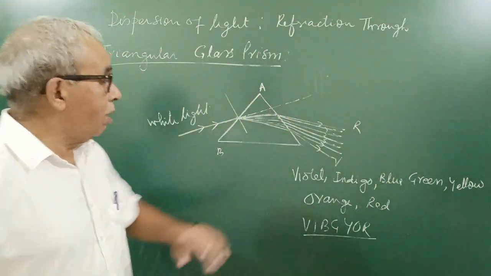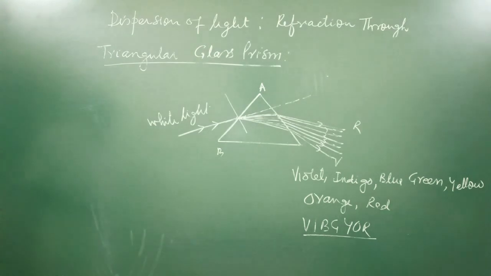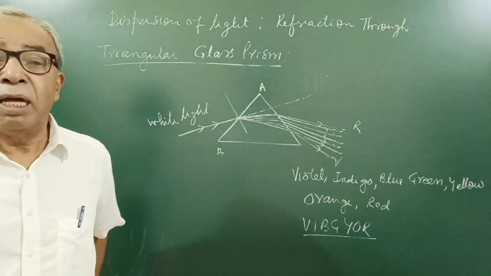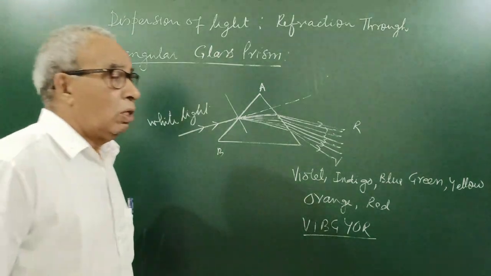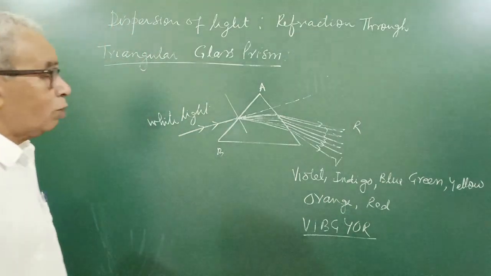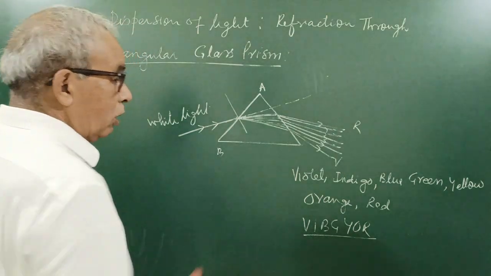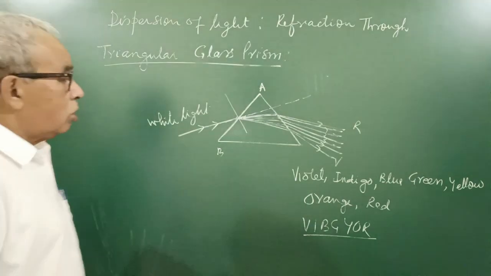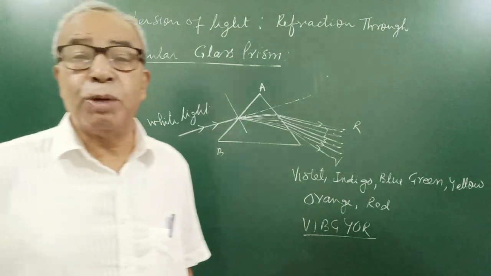So this phenomenon of light is called dispersion. So what is dispersion? When a white beam of light is passed through a glass prism, the emergent ray is split into its constituent colors: violet, indigo, blue, green, yellow, orange, red. This phenomenon of light is called dispersion of light.